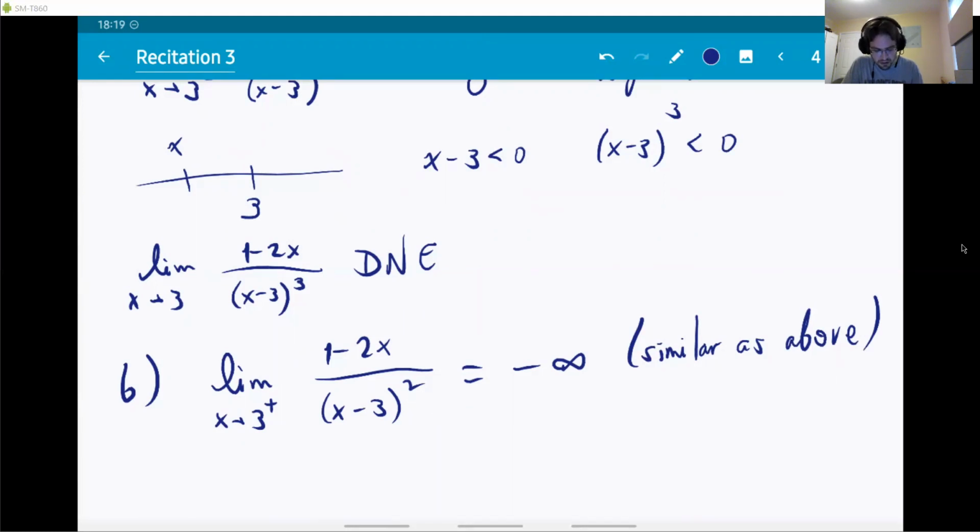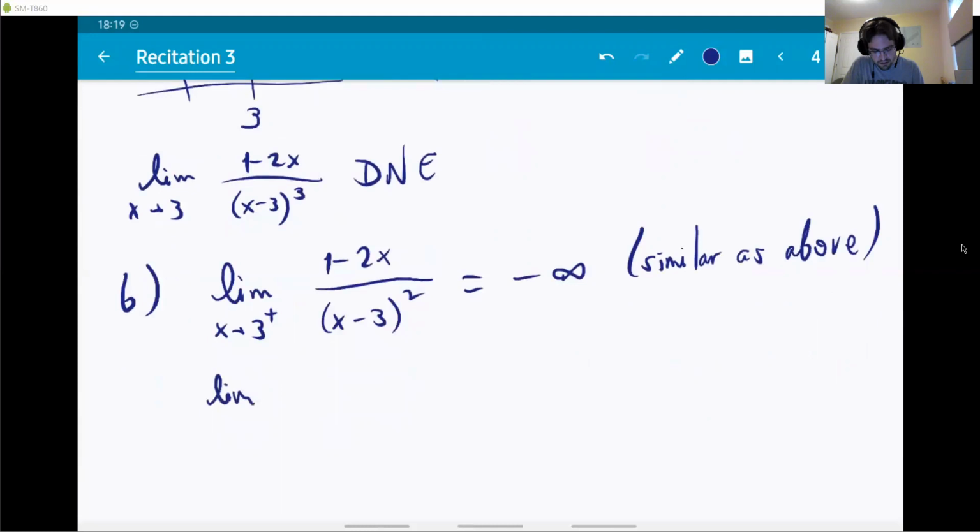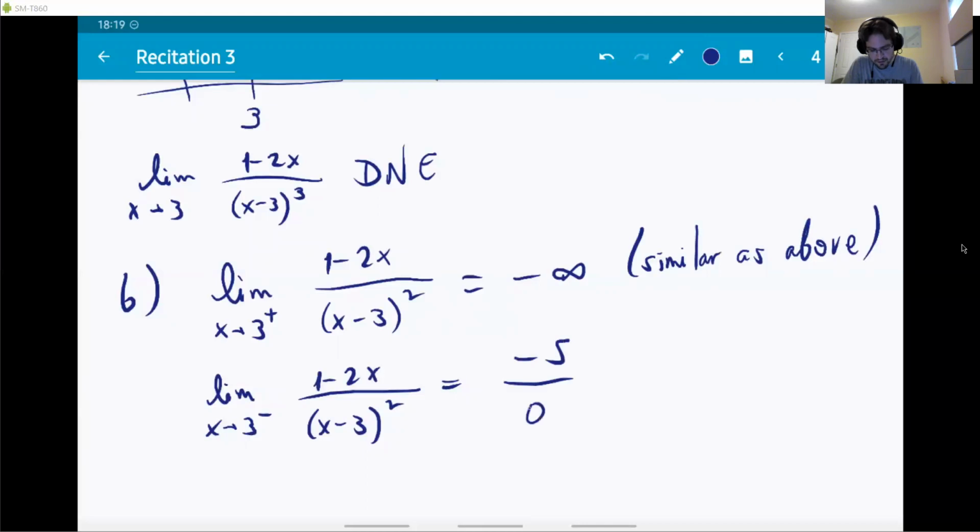So this is okay. And now this other limit from the left is where things change. Because again, this is going to be negative 5 over 0, which is a negative number different from 0. But the denominator is still positive, a positive number going to 0.